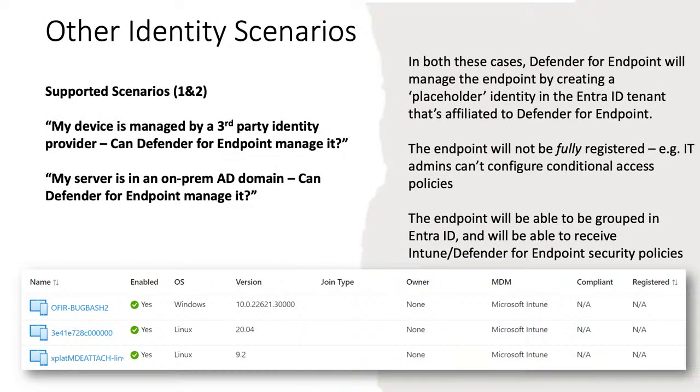Basically, the join type for that device will remain blank. You'll see that the MDM is Intune, etc., and you'll see the correct OS platform. So you'll have this information, but you'll see that the device actually doesn't have a join type. We're working also on better ways to present this than just a blank field so that customers can filter. That's coming up as well.